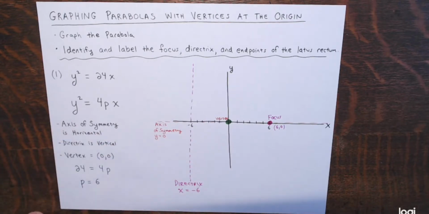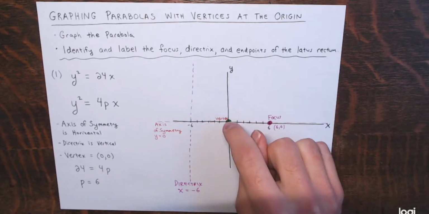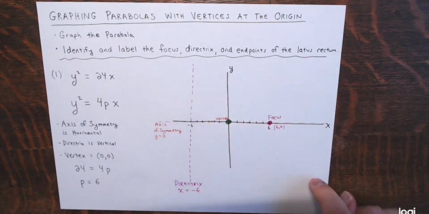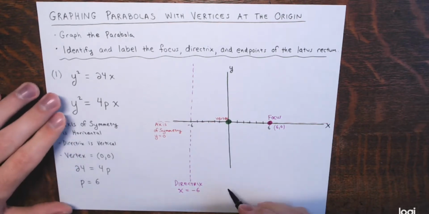Now I would like to find some more points. Remember, the parabola should be opening around the focus, so I'm going to have a parabola opening to the right. I'd like to find the endpoints of the latus rectum. I'm going to make a little note here.